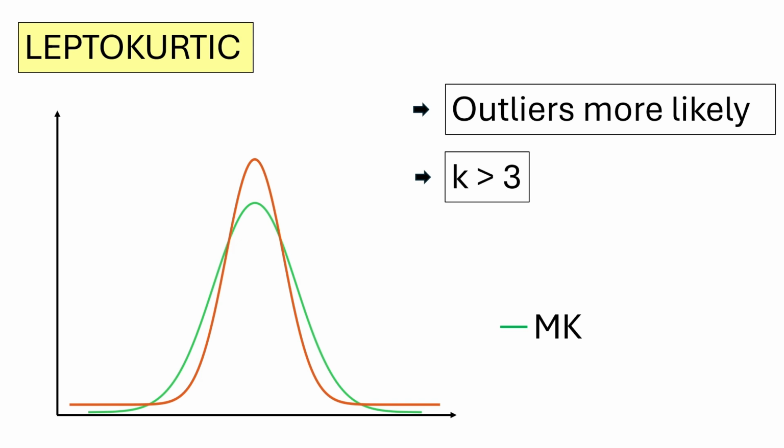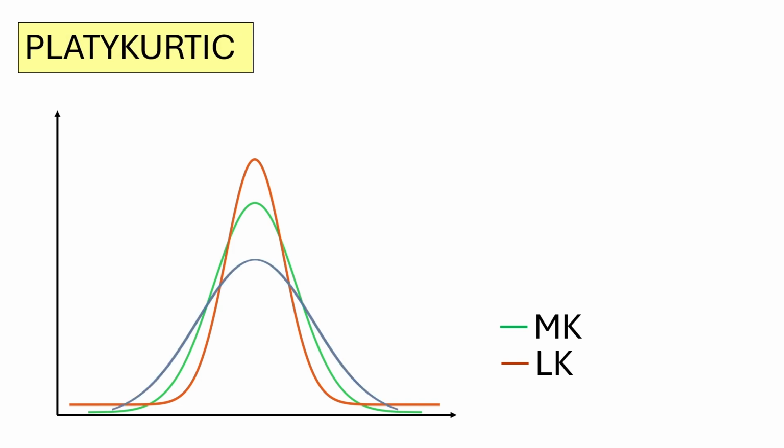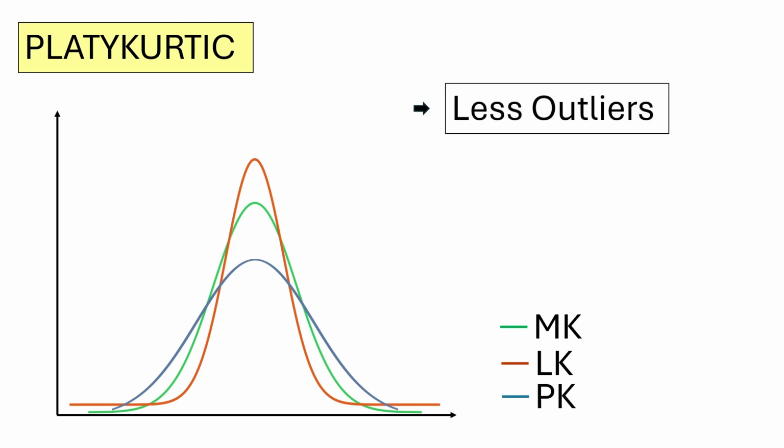And here the kurtosis value will be greater than 3. The third curve is Platykurtic. Here the data is more spread out, and extreme outliers are less frequent, as you can see by looking at the tail. The curve appears flatter and more spread out, and its kurtosis value is less than 3.